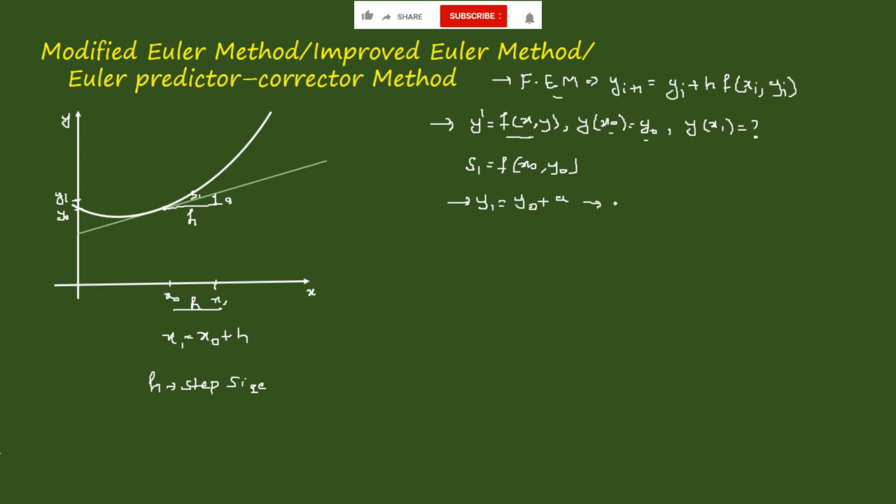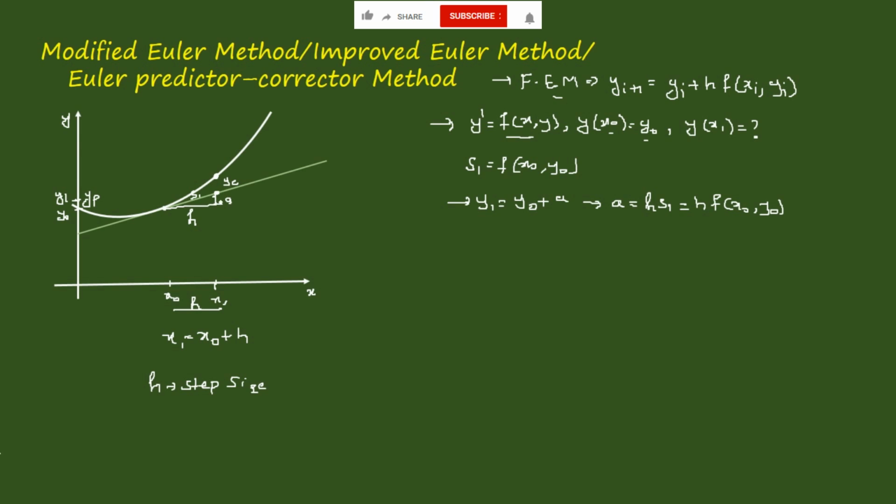What is a? It is forming a triangle, so a is h into s1, which is equal to h into f of x naught comma y naught. This is by using the forward Euler's method. Now this is not an exact value. This is a predictor value, y of p, but we should get the exact value here, which is y of c, the corrected value.